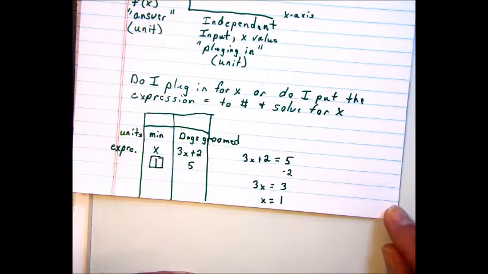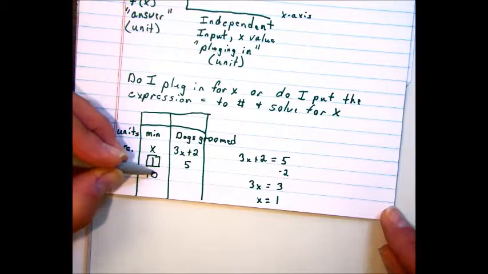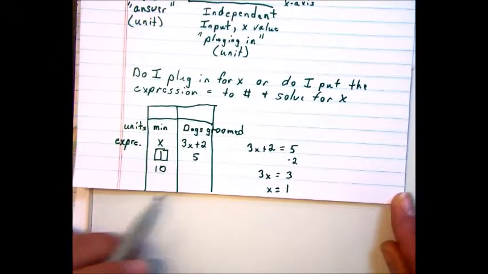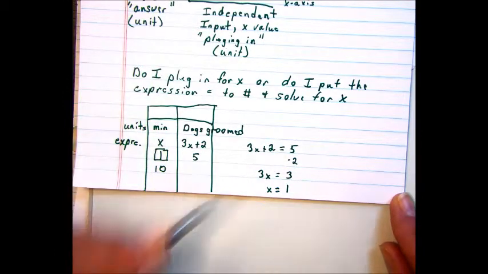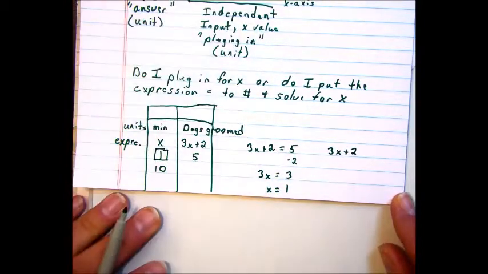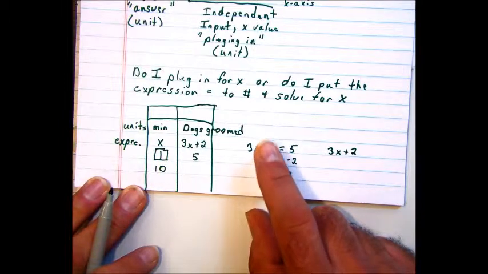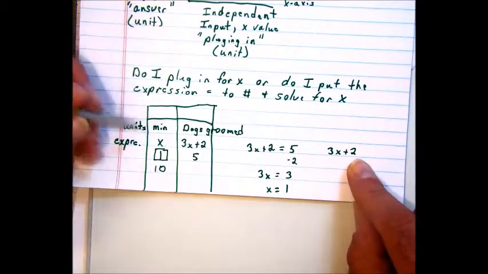Well, what if they told us you worked for 10 minutes? Well, now we put 10 in here. And this is an input. So that means we use the same expression, except we're now inputting 10 minutes. So the expression is 3x plus 2. Notice the expression never changes from when we're trying to solve for x or we're plugging in. It's all based on the words.